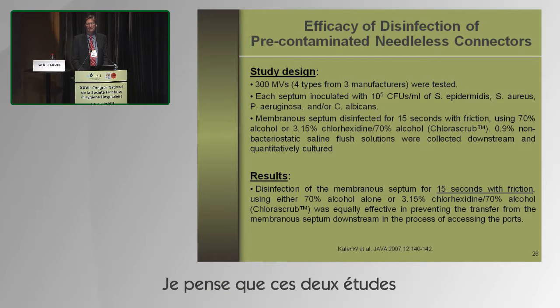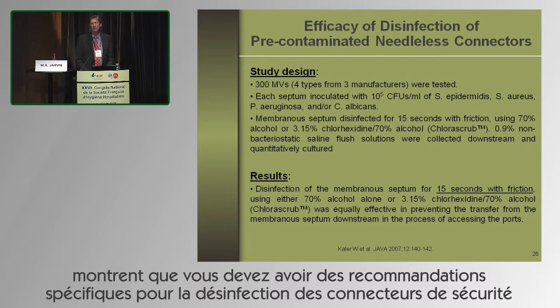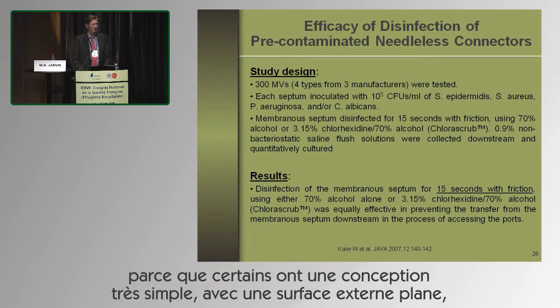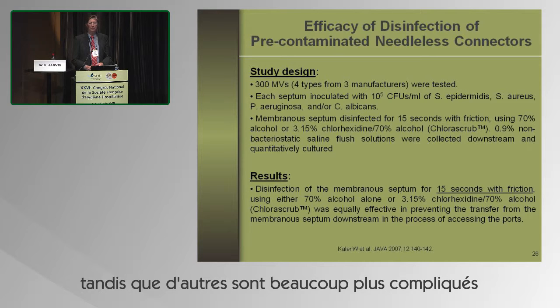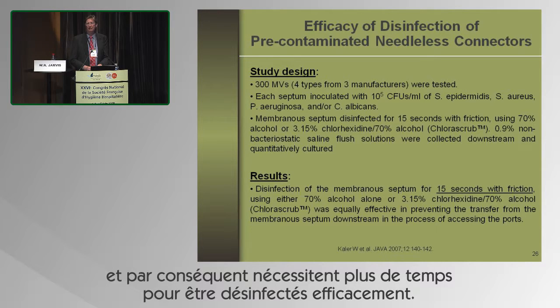I think these 2 studies, as well as one by Mark Rupp and colleagues, show that we need to have connector-specific recommendations for disinfection, because some are very simple in design, flat surface, no gap around the plunger, and are relatively easy to disinfect, and others are much more complicated and therefore need more time to adequately disinfect them.